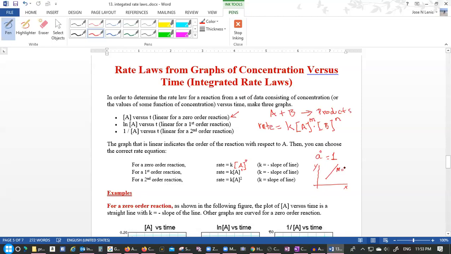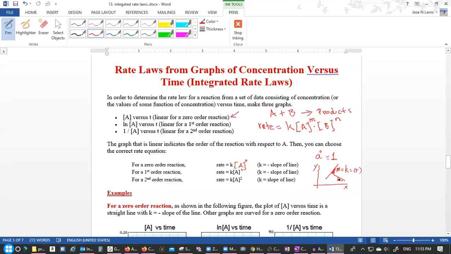For our case, the constant is positive if the line goes that way. This is for the first case.